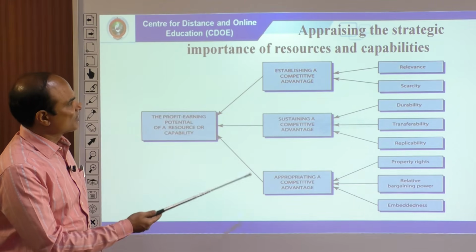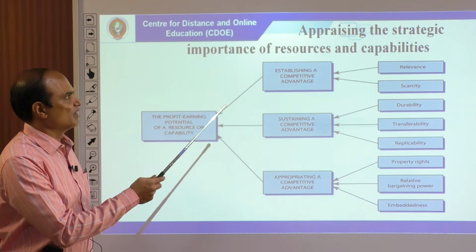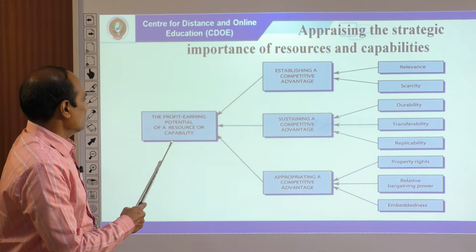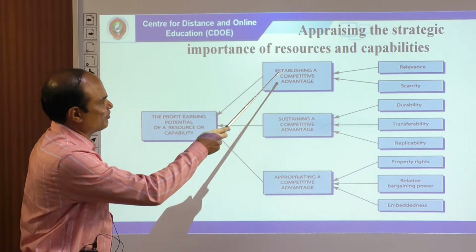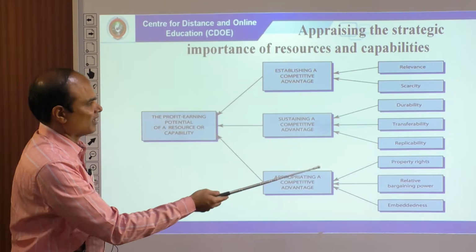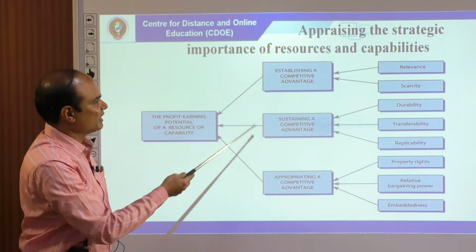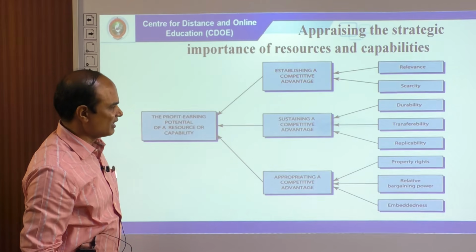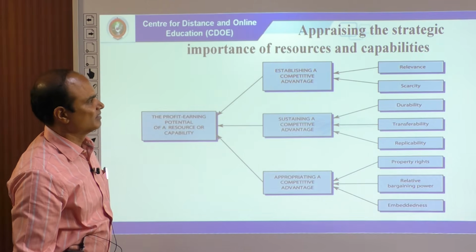So, let us also understand how appraising the strategic importance of resources and capabilities comes in. The profit earning potential of a resource or capability comes from three things. The first is establishing a competitive advantage, then sustaining a competitive advantage, then appropriating a competitive advantage.